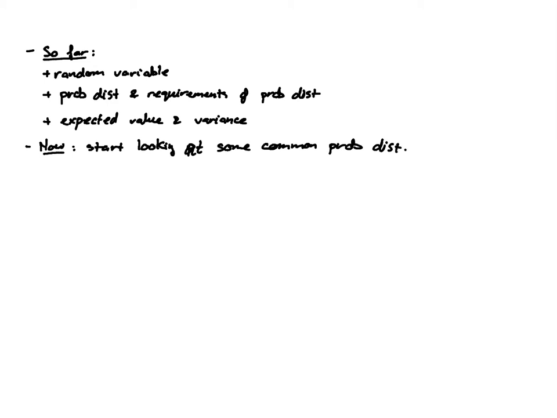Now, the first one that we'll look at is what's known as the binomial probability distribution. The binomial probability distribution is associated with the binomial experiment. So let's talk about that first.